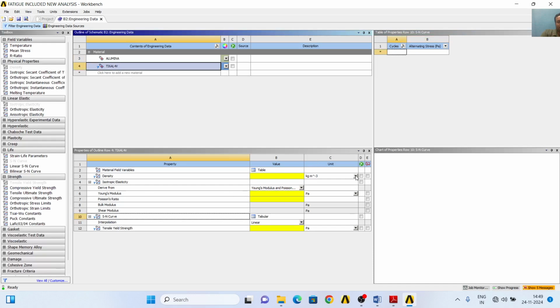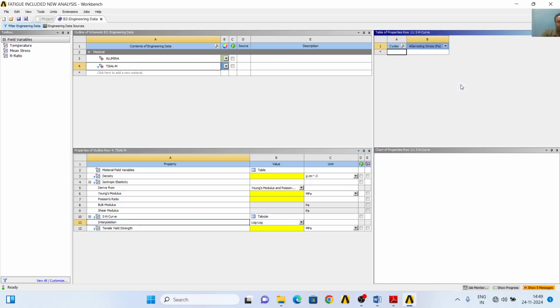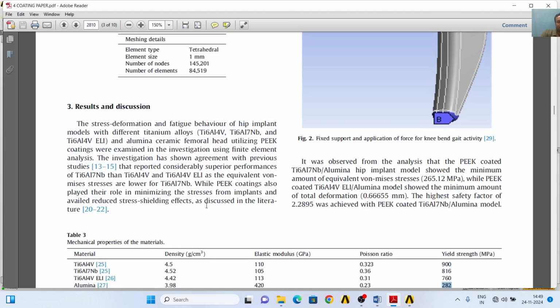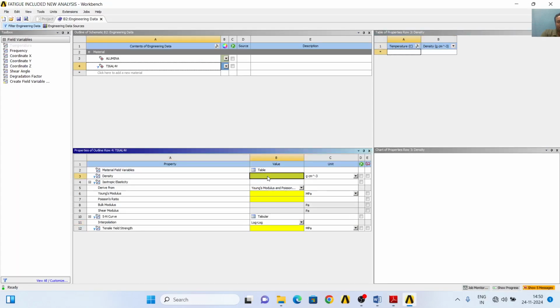I will change the units to gram per cubic centimeter, megapascal, and log log. I will give the density of titanium. Titanium's density is 4.5 grams per cubic centimeter.